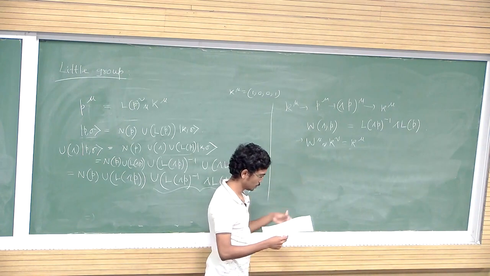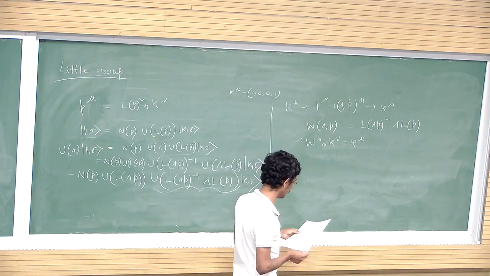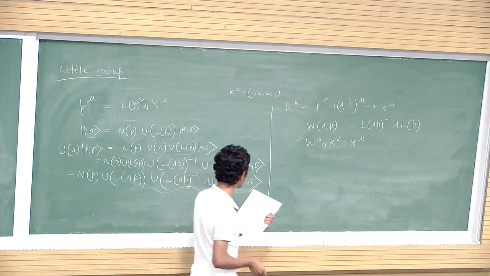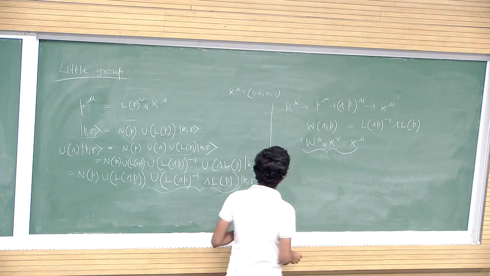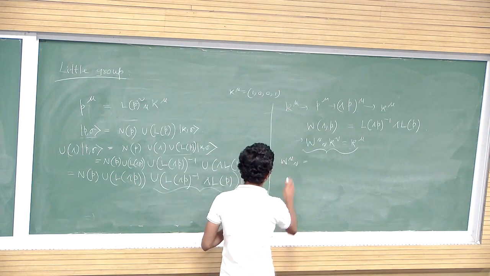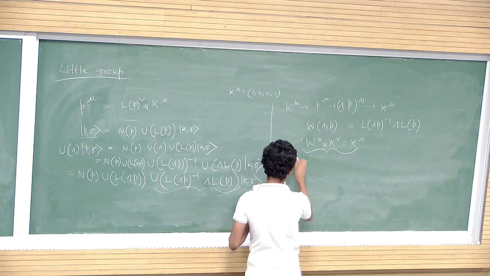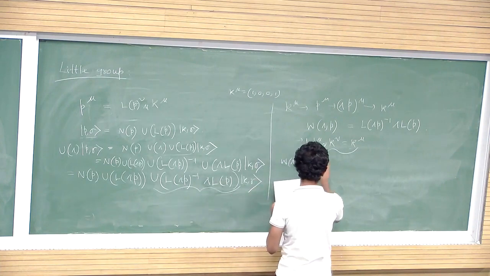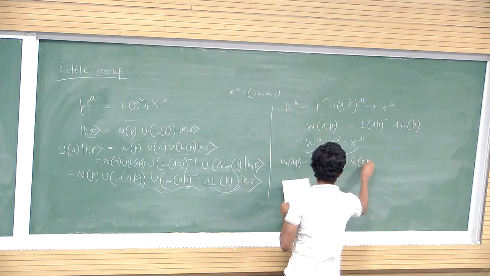To do that, I won't go through the details, but what I can tell you is that if you work them out, then this W mu nu, let me write it as W of lambda p, will be given by these two particular Lorentz transformations, S of alpha comma beta, and then R of theta.